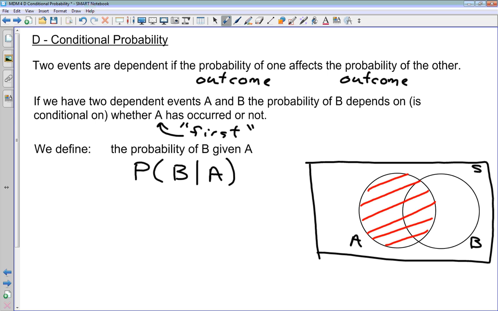Now, once we're inside that circle, what is the probability of B already occurring? Well, the only way that B can occur inside this circle representing A is in this little area here where A and B overlap.